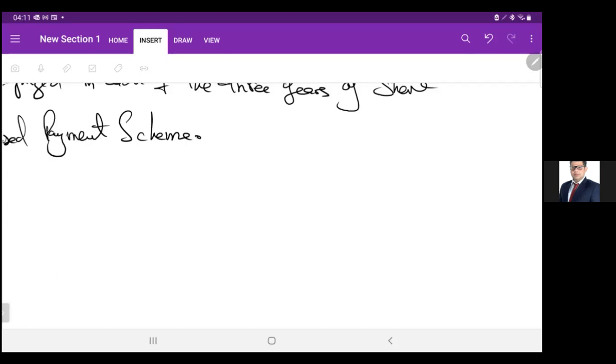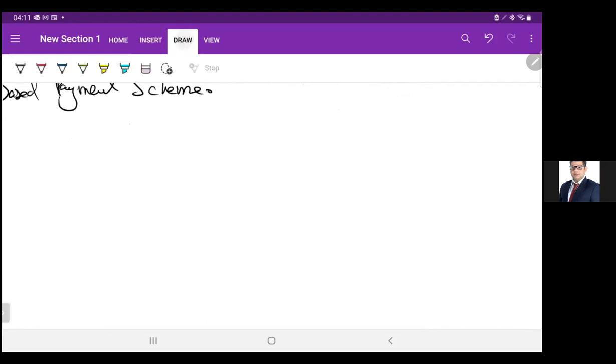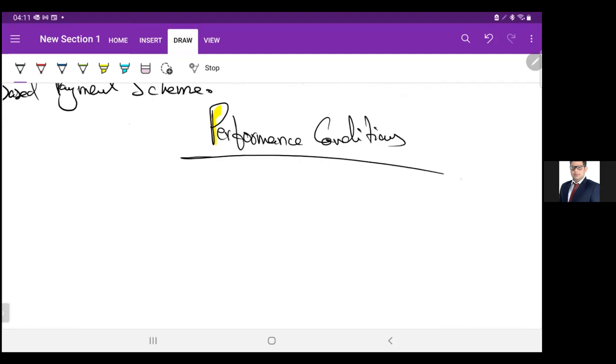Now what we have to look at, one of the things is performance conditions. We have two types of performance conditions in the case of share-based payments, right?